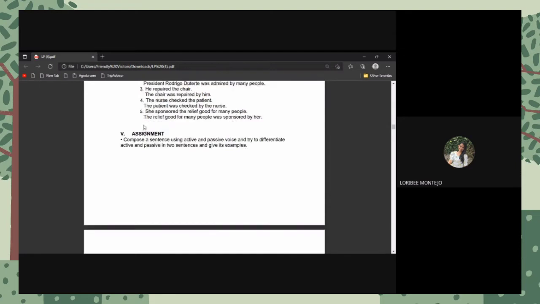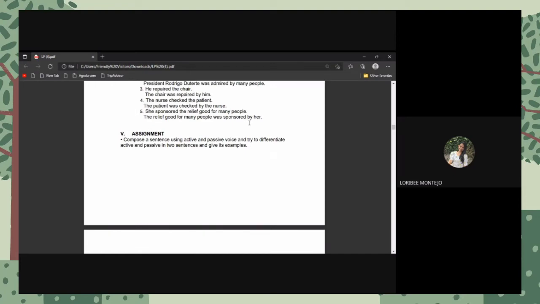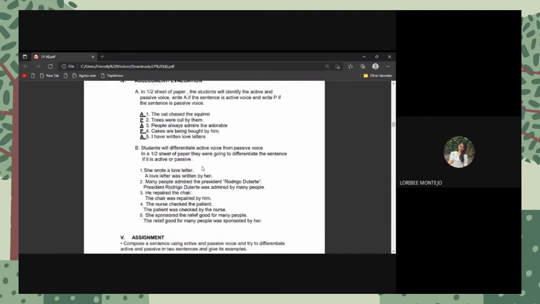So we will go down to the last part, which is the assignment, wherein the students will compose a sentence or speech using active and passive voice and try to differentiate active and passive voice in sentences and give its example. So that's the lesson plan for our first day.